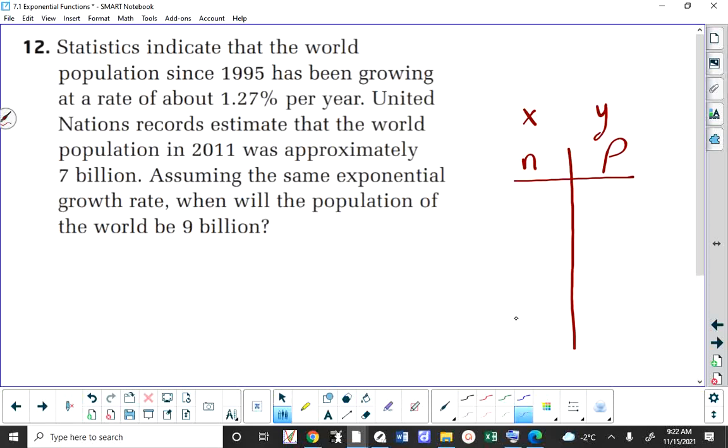What you want to do is, if we're going to say that the population in 2011 is 7 billion, then we are going to use 0 for n and 7 billion. I'm going to write times 10 to the 9 because I just don't have enough room to write 9 zeros.